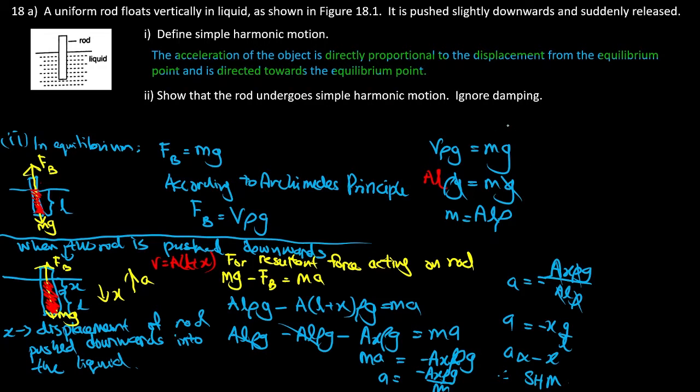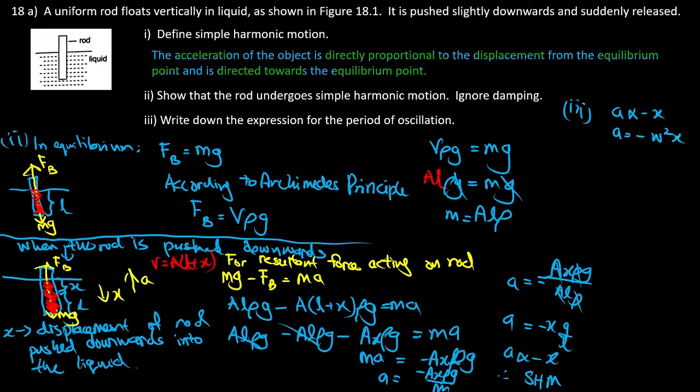Now, second part of this, the third one, is write down the expressions for the periods of oscillation. So how do you write down the expressions? You know that a is directly proportional to negative x and a is equal to negative omega square x.